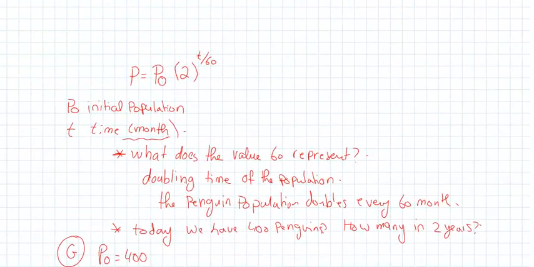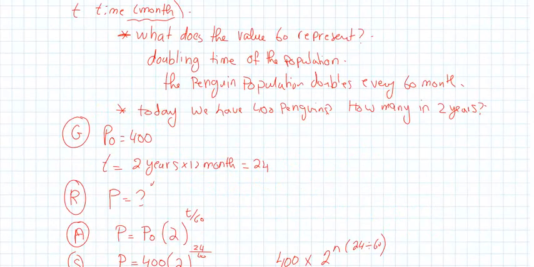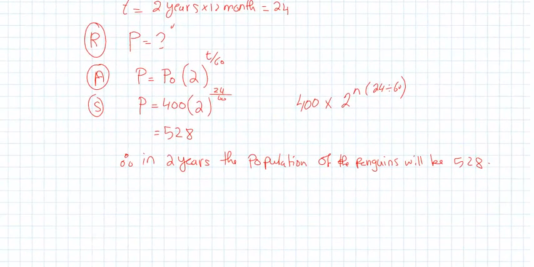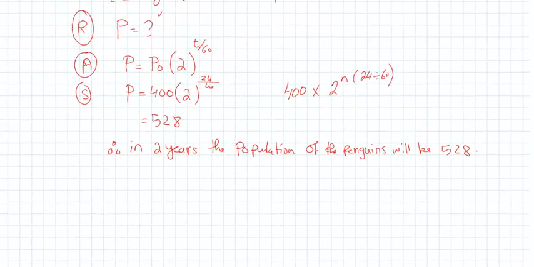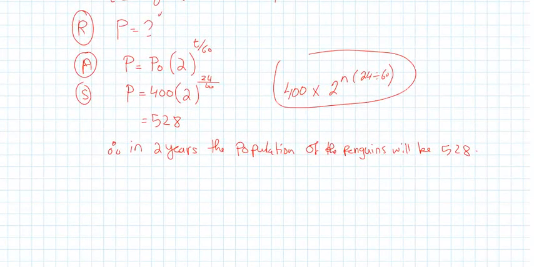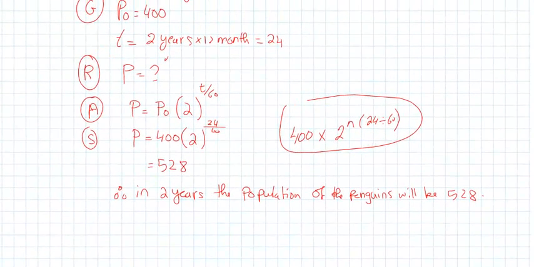Now, in the solution, this is where I plug in my information. I plug in 400 for P0 because this is the given information. They told me 400 is P0, so I replaced P0 by 400. And they told me that T is 24, so I replaced T by 24.